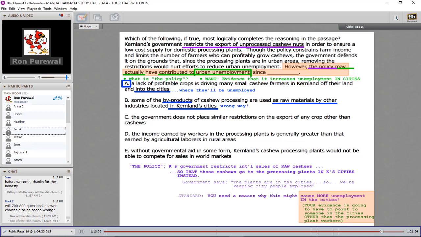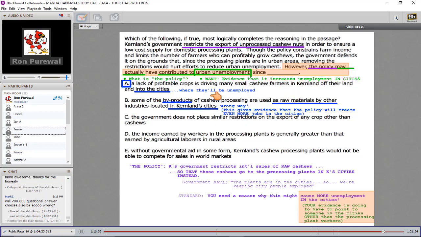Give me a smiley face if that makes sense. This gives evidence that the policy will create even more jobs beyond the processing plant, even more jobs in the cities. Because not only will it create processing jobs, but the runoff and the waste products will create even more jobs. So this is exactly backwards.